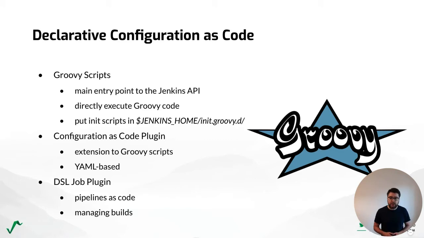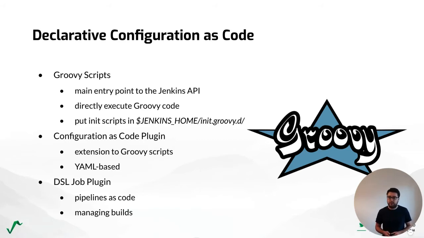On top of that, we have the configuration as code plugin, which brings an additional abstraction layer on top of Groovy scripts. That's YAML-based configuration, so it's human readable, slightly easier compared to Groovy scripts. You have a lot of predefined tasks, so the go-to solution should be configuration as code with less overhead.